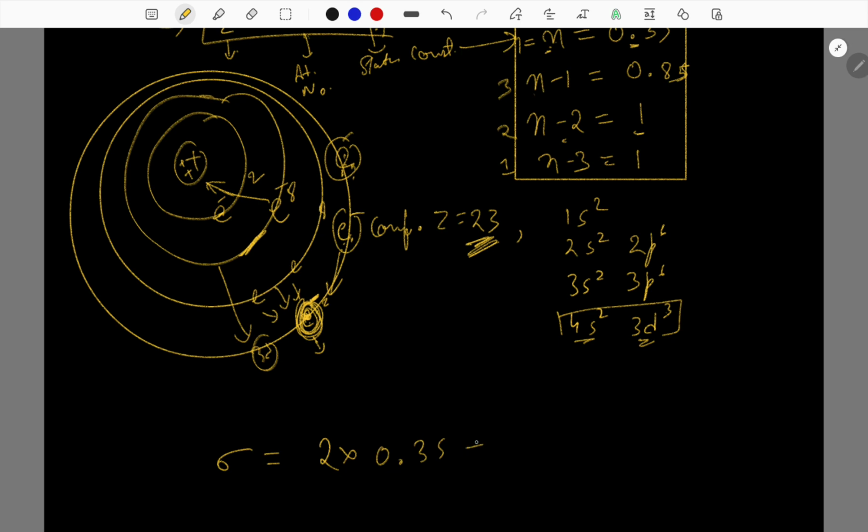So 2 into 0.35, because here n is the fourth shell. Plus we also take the 4s electrons, 2 electrons into 0.35.